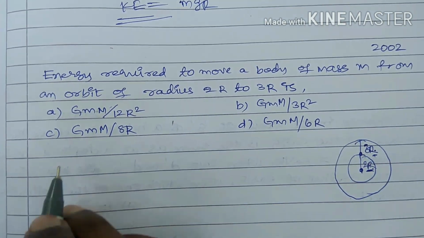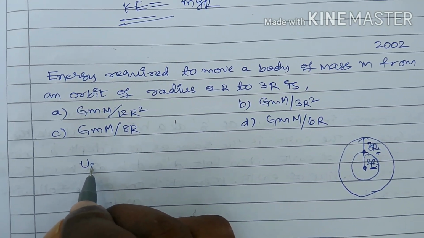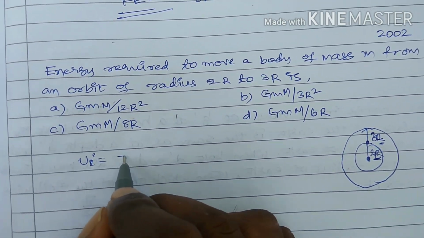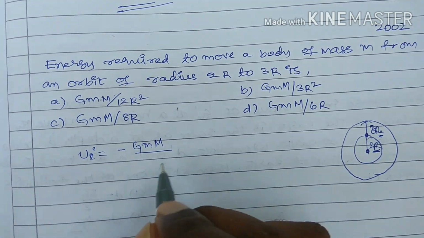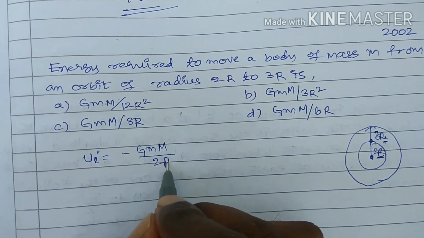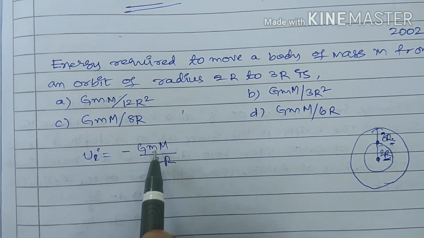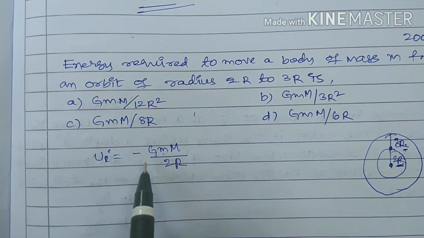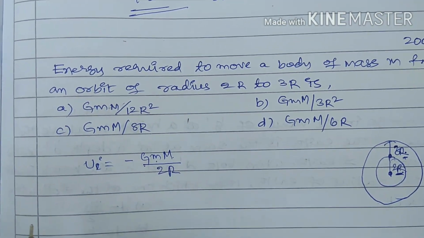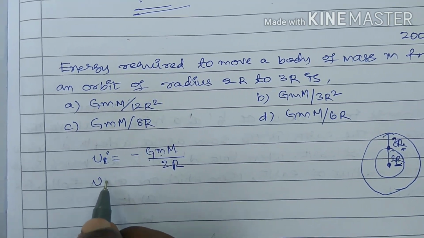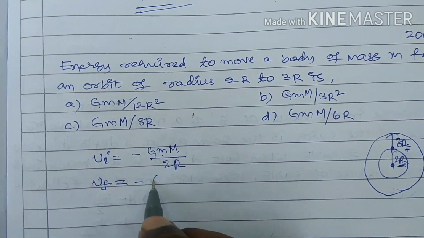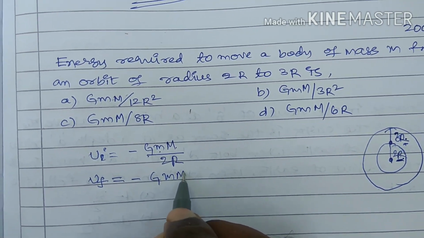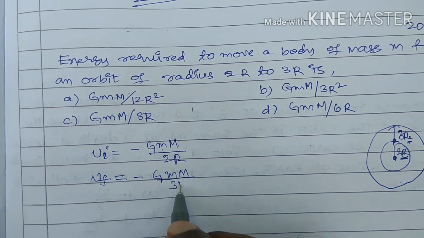Then we can write the initial potential energy Ui is equal to minus G m M by 2r. Here m is the mass of the body, M is the mass of the earth, and G is the universal gravitational constant. Similarly, the final potential energy is minus GMm by 3r.